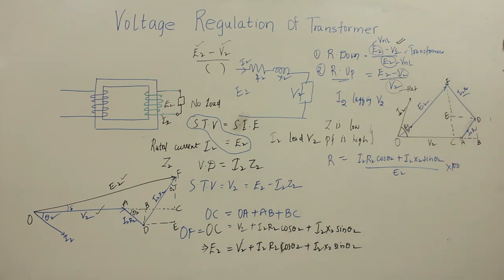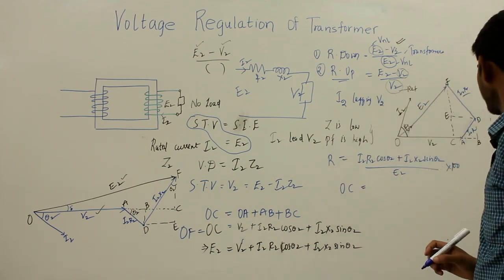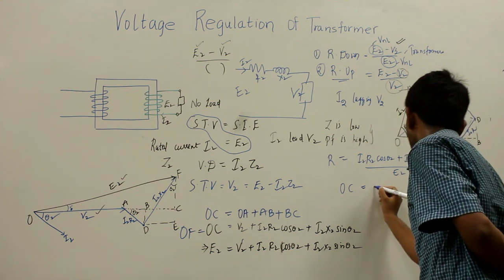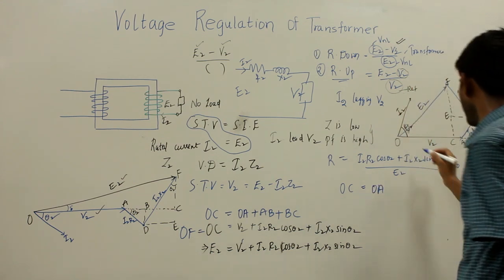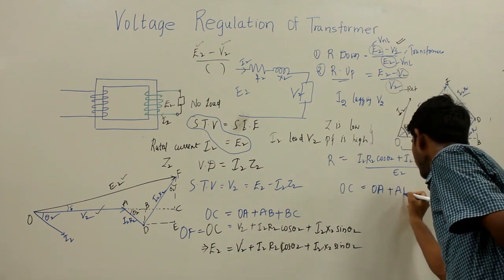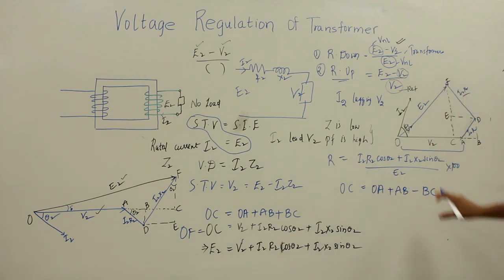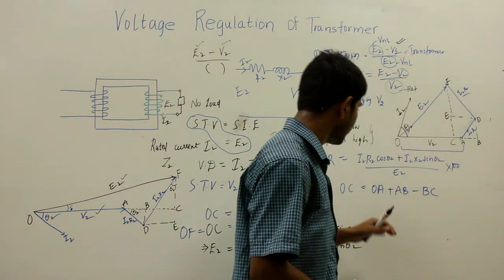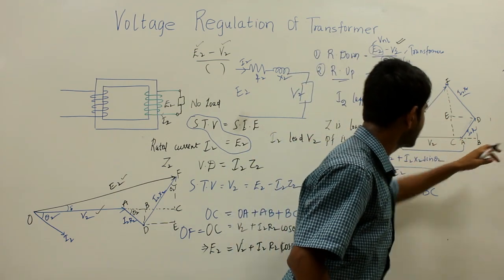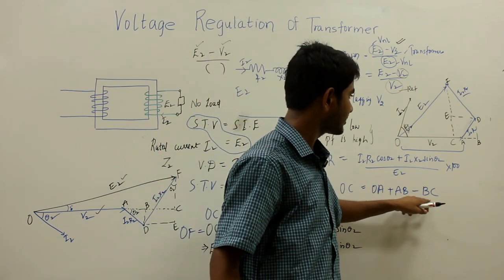So I will take OC equal to OA, which is nothing but V2, plus AB minus BC. Observe it carefully. We know OA, we know AB, and we know BC. So OC will be equal to OA plus AB minus BC.